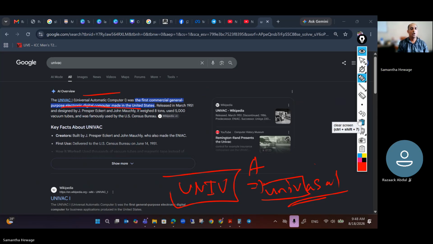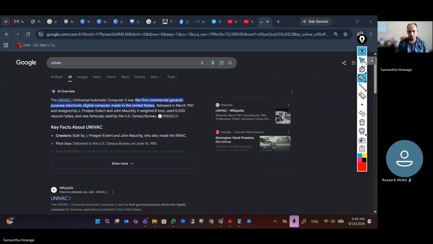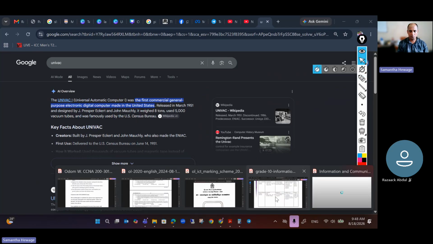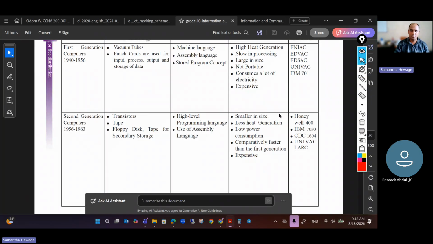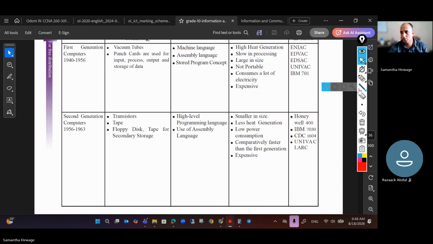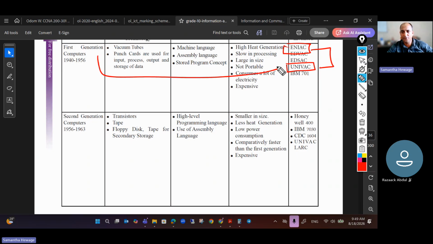Universal automatic computer. I think you are familiar with this now. These two, the universal automatic computer and ENIAC, were both first introduced in the first generation.